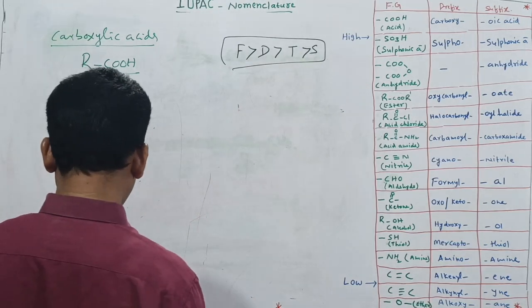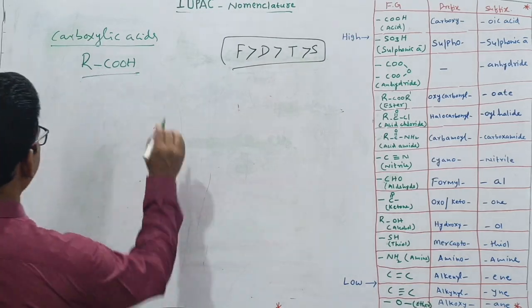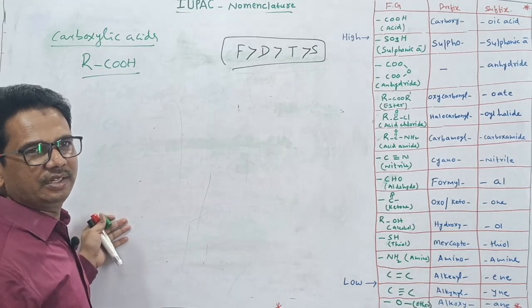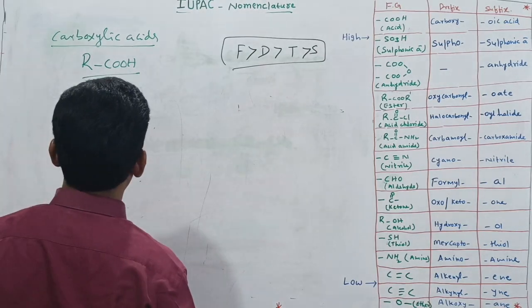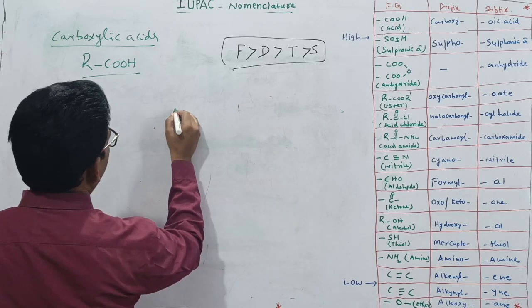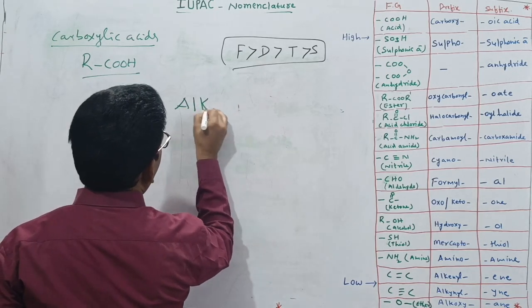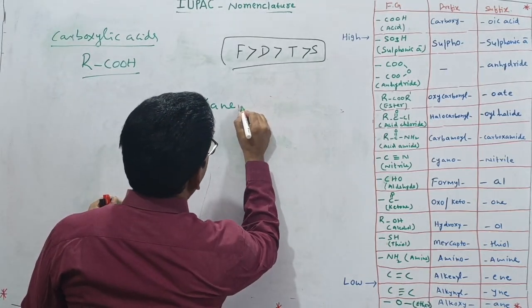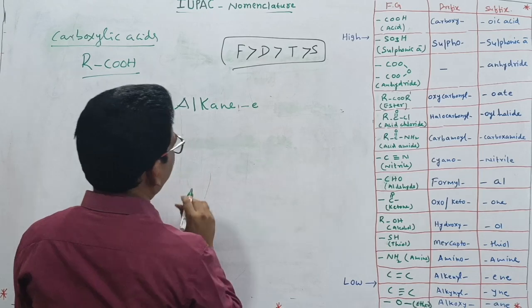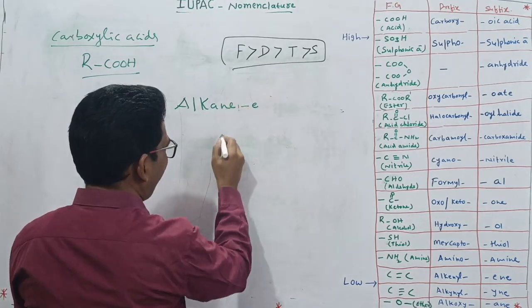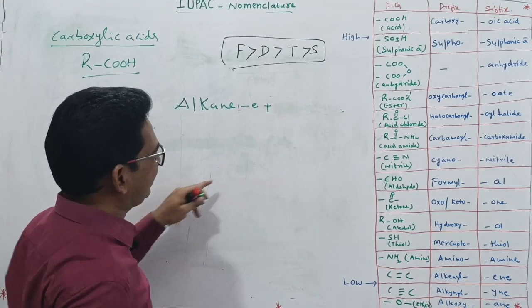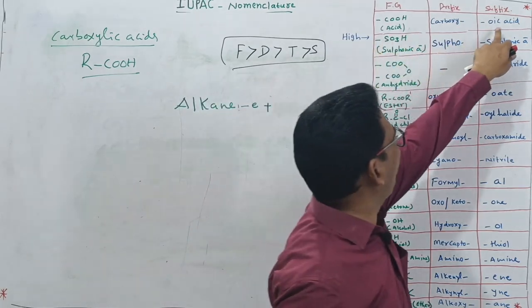In this case, I will give one example. All the acids we are deriving from the alkanes only. So that's why we write the IUPAC name as alkane, minus E, not minus N, remember only we are subtracting the E, plus the suffix, oic acid.